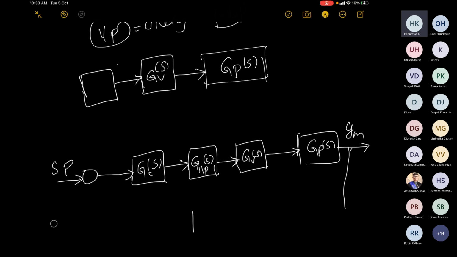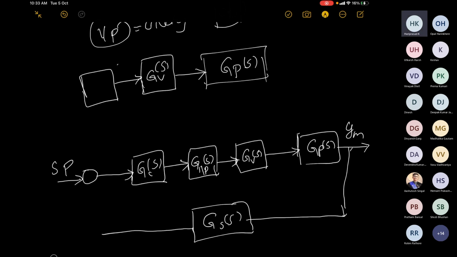This Ym is generally measured by means of a sensor, so I'll say GS of s. This sensor output is actually the measured output. Whatever the Ym coming out of the process, you have access only to the measured value.